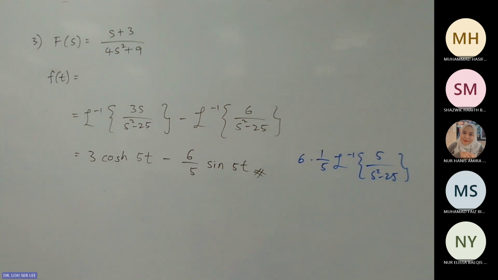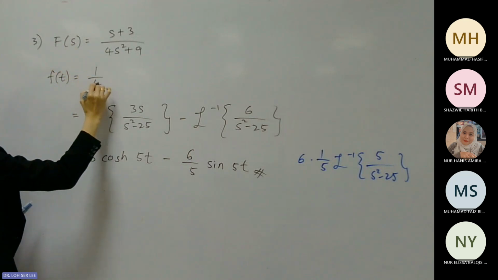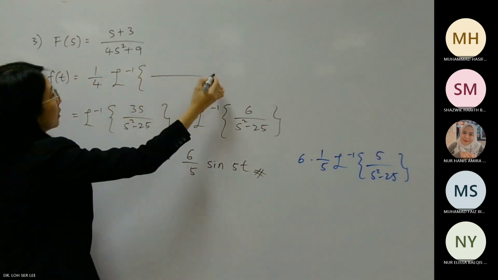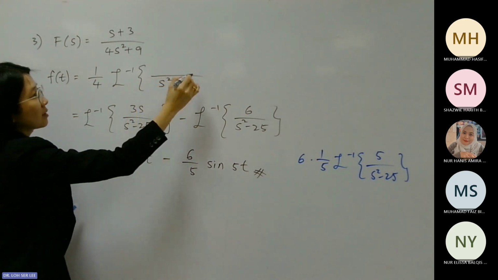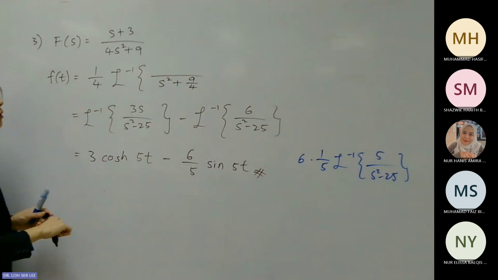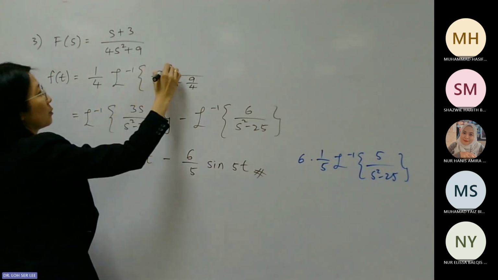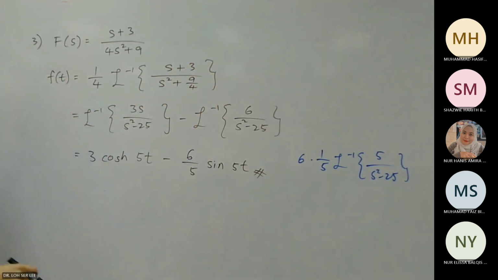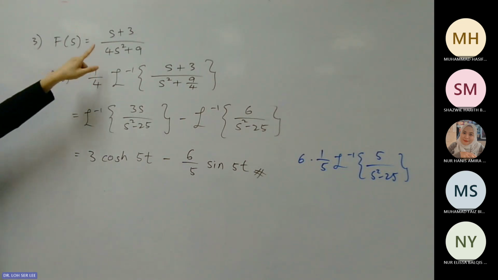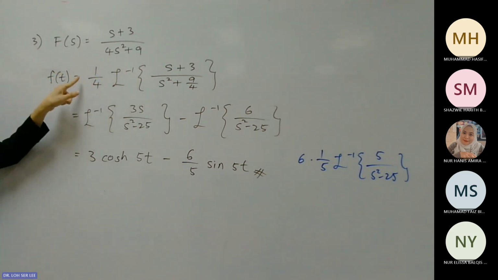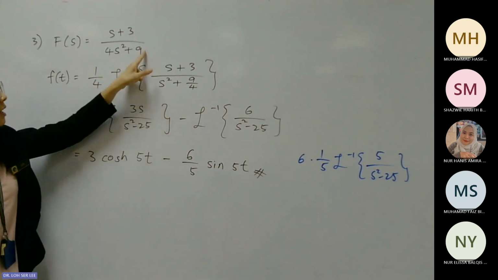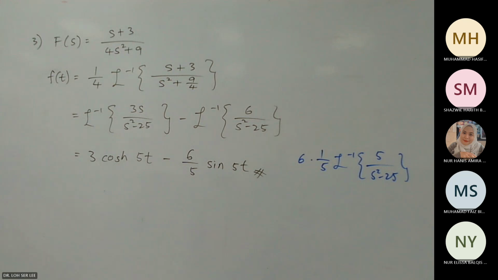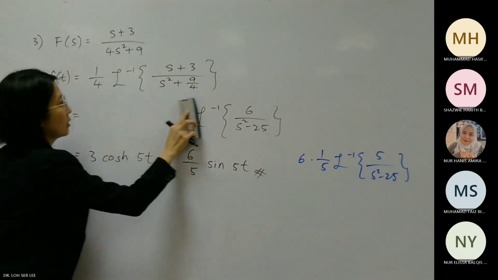So you have to factorize the 4 from the bottom, meaning that you have 1/4. Then your bottom function will be s squared plus 9/4. Then at the top you still have s plus 3. Factorize the 4 from the bottom function, then you get 1/4, here it will be s squared plus 9/4. Then only you separate.